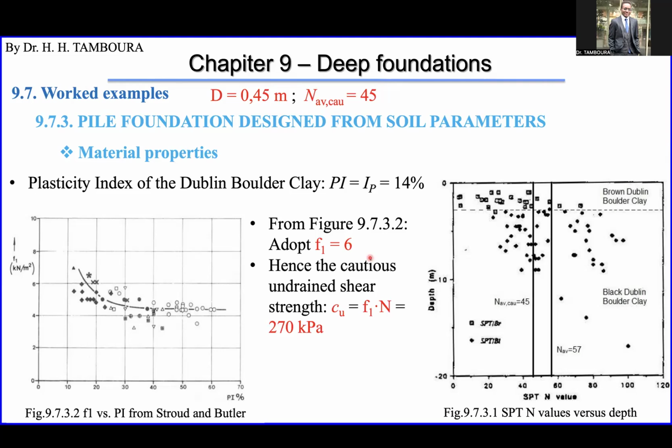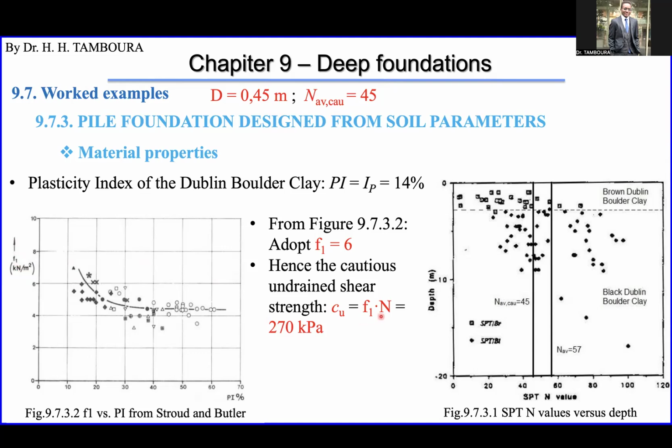Sorry, I said this is friction, but it is the factor F1.